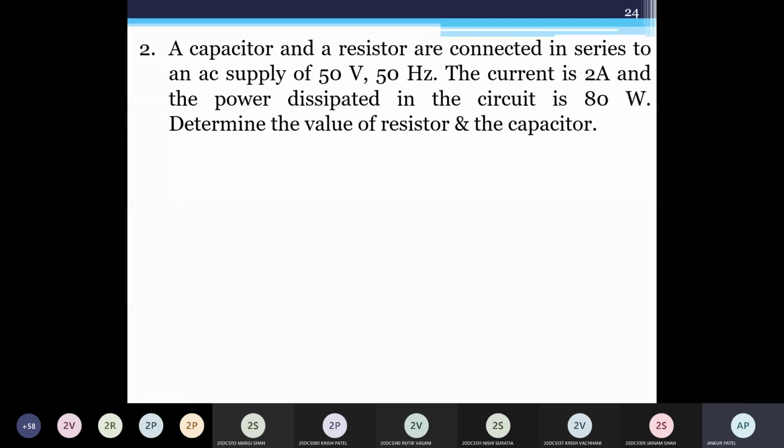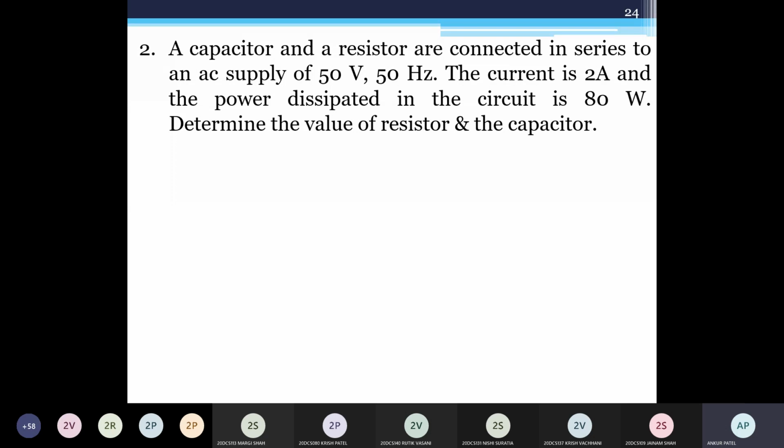Frequency is given. Voltage is given. You need to find resistor and capacitor. So you have V, you have I, you have frequency, you have power. So you can find out Z. Z is equal to V by I, the impedance.